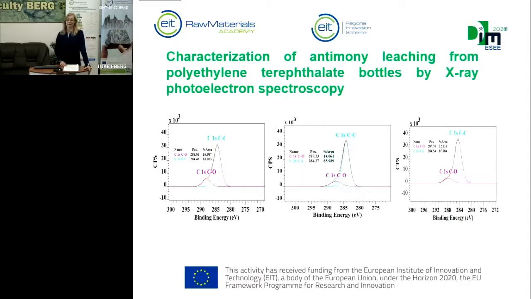In this spectra, we confirmed that after the leaching of the antimony by the water or by the sunlight, the structure of the polyethylene terephthalate is changed, because the spectra of the carbon are changed, and it confirmed the degradation of the polyethylene terephthalate structure.